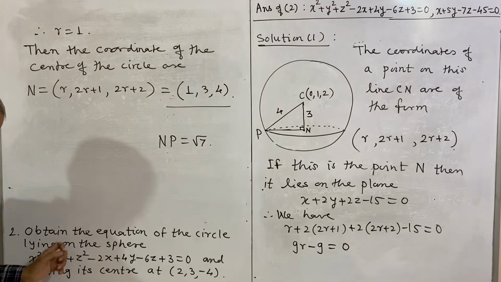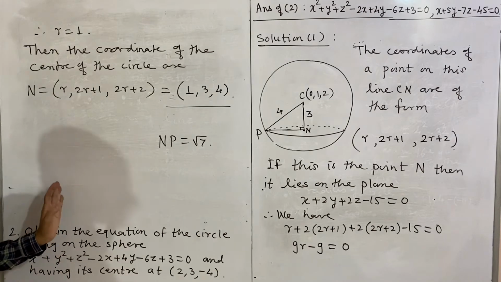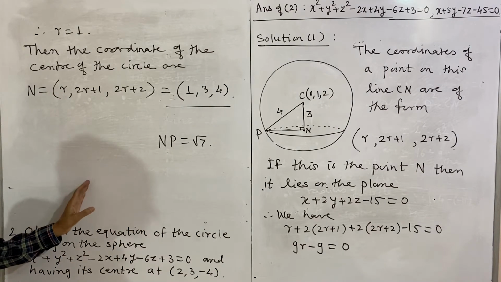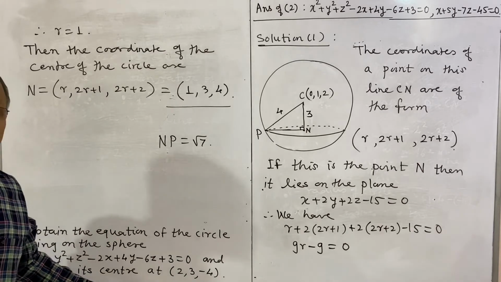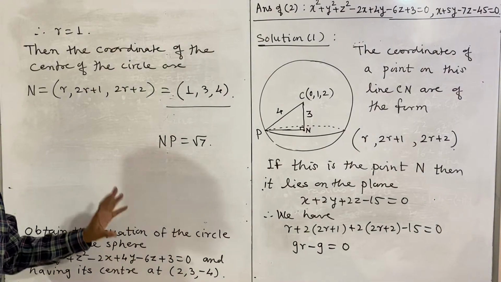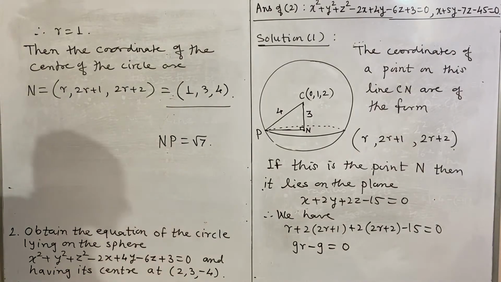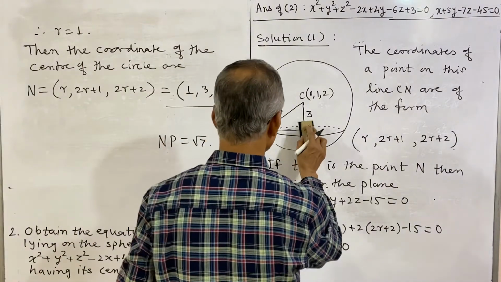In the earlier problem the circle was given in the form of a sphere and a plane, and we were asked to find the center and radius, but here the equation of the sphere and the center of the circle are given. We have to write the equation of the circle, which means the sphere is given and we have to write the equation of the plane only.